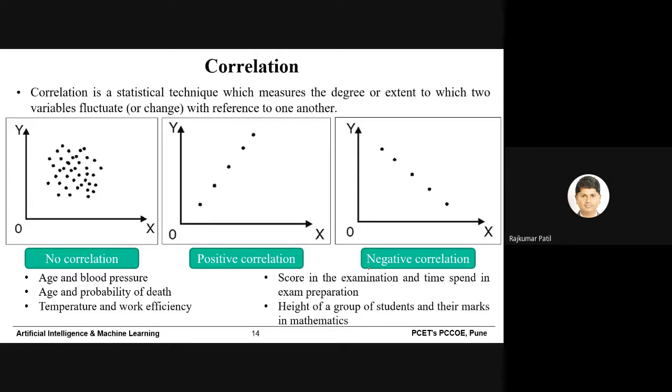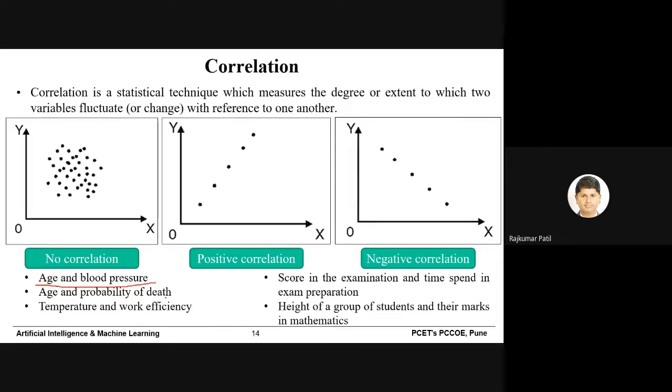But here, generally we try to find out the relationship between two parameters. For example, age and blood pressure. So we may be interested to know, as the age of a person increases, whether his blood pressure increases or not, or there is no relationship between age and blood pressure. So that could be a question.